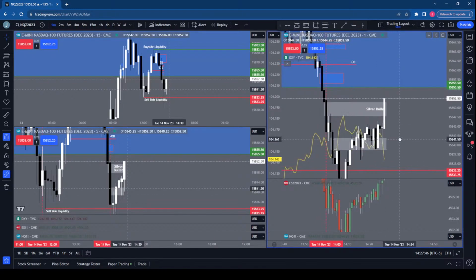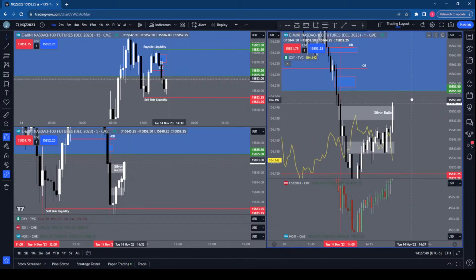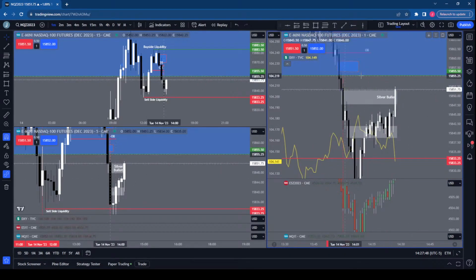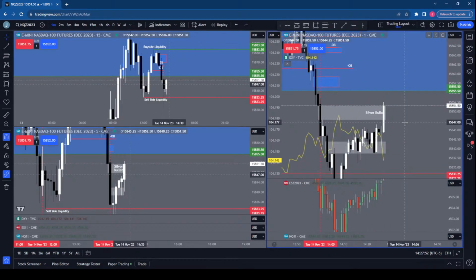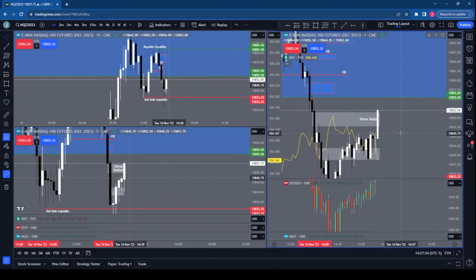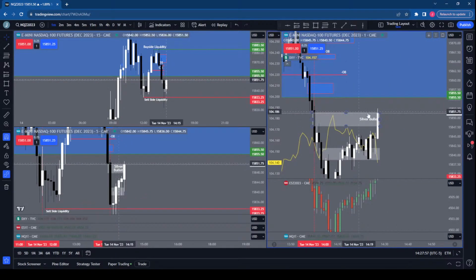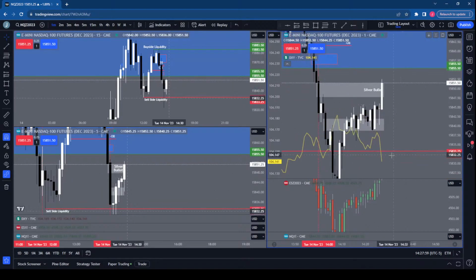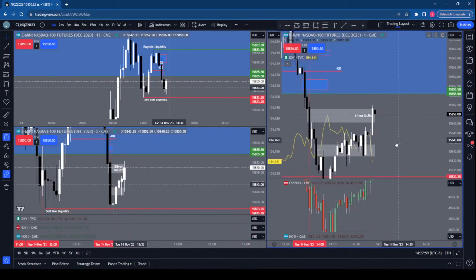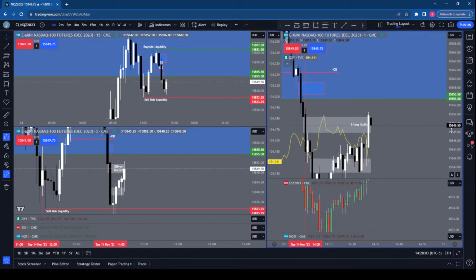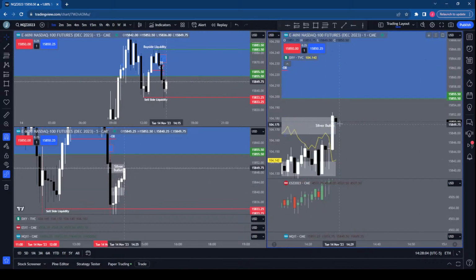Dollar's dropping. And then remember what I said about the 3 PD arrays? We would have had to have such a high stop. If we close above this and then use it as an inversion with the dollar dropping, I'd feel like we might go up.